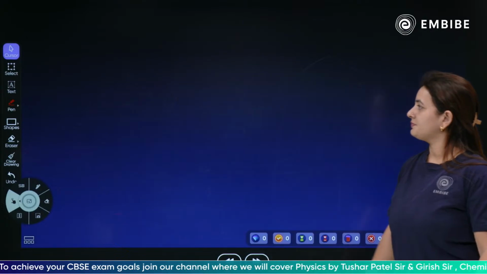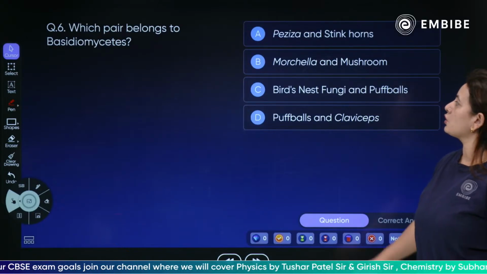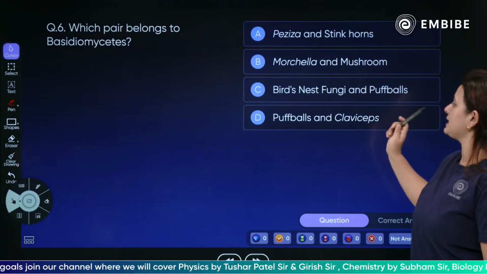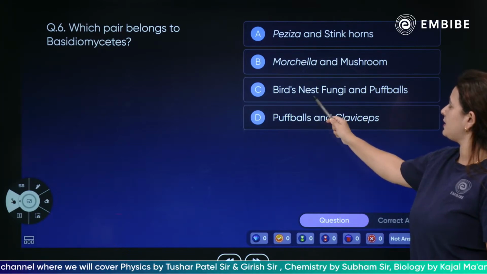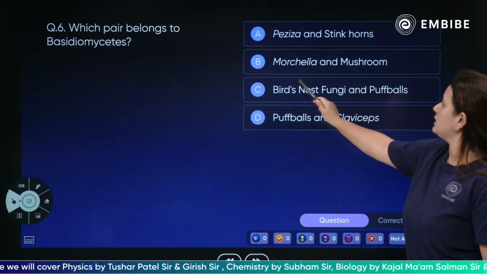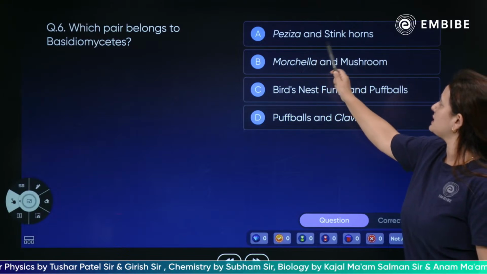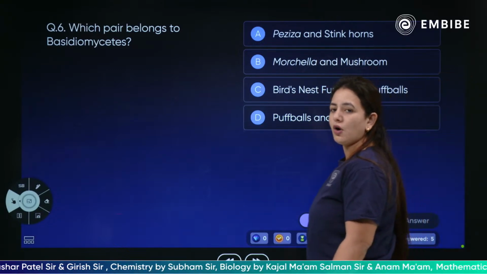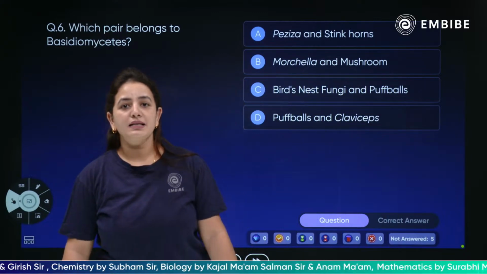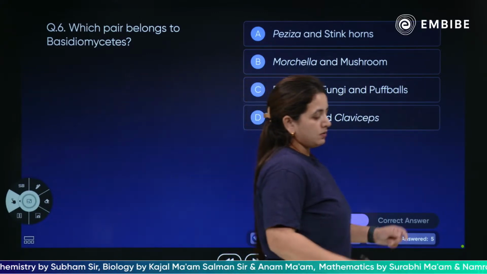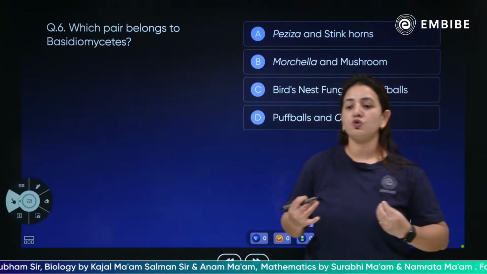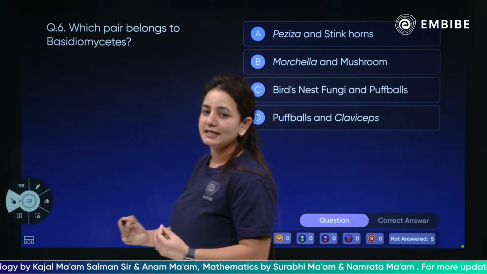Next question is, which pair belongs to Basidiomycetes? Puffball, Claviceps, bird nest fungi and puffballs, Morchella, mushrooms, Peziza and stinkhorns. What do you think belongs to Basidiomycetes?